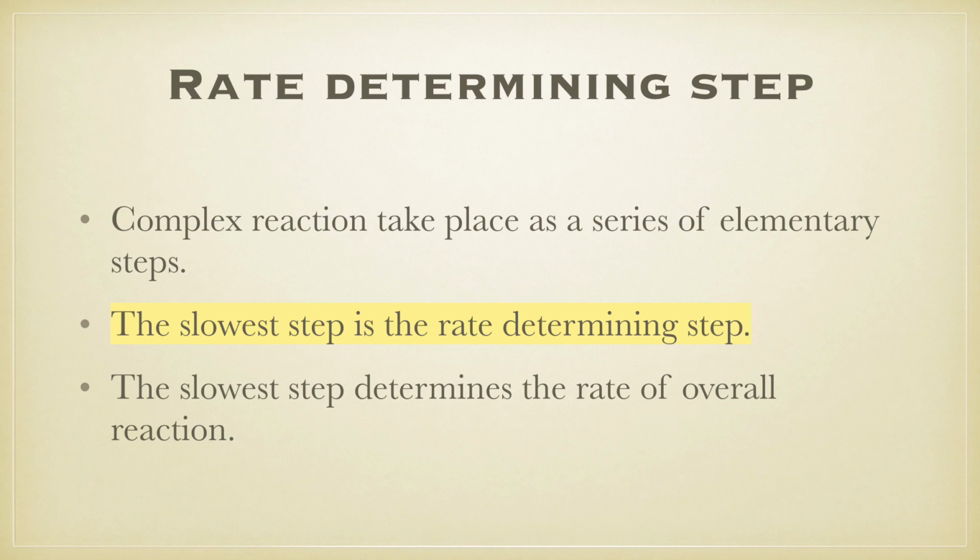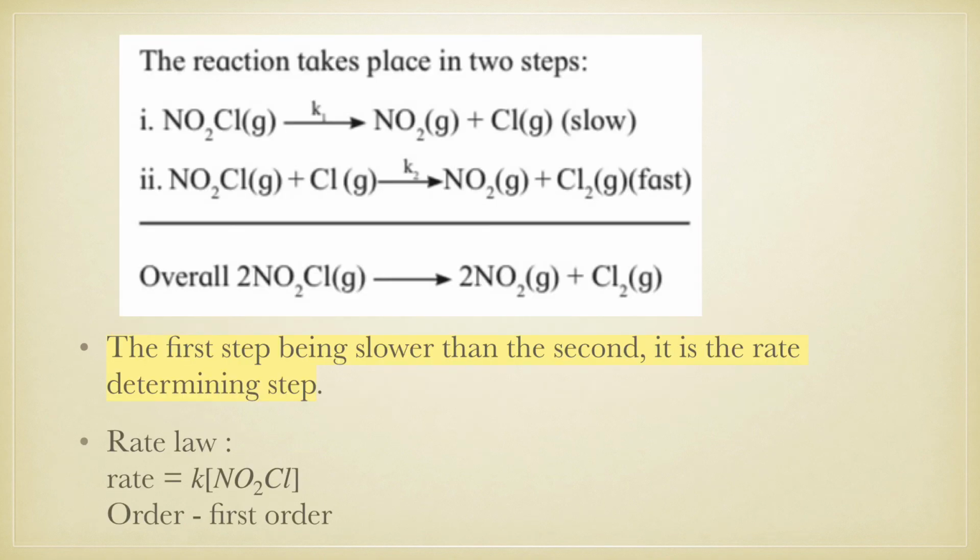The slowest step is what determines the rate of the overall reaction. So remember, whenever you hear the words rate determining step, the slowest step is the rate determining step. We'll see one example over here. Now the reaction which is given over here takes place in 2 steps.